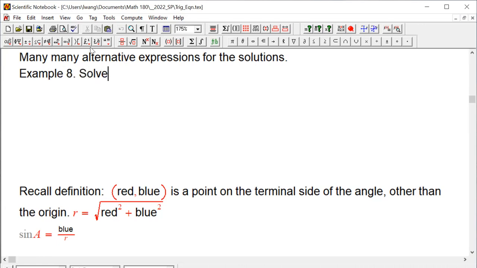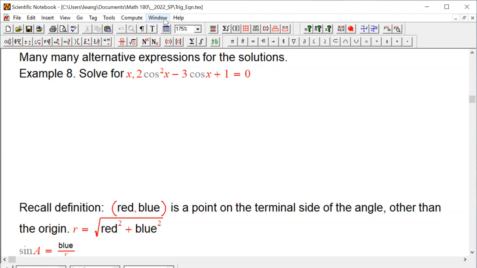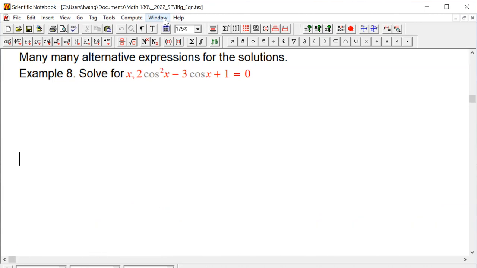Okay, still solve for x. And we got 2 times cosine squared of x minus 3 times cosine x plus 1 equals 0.